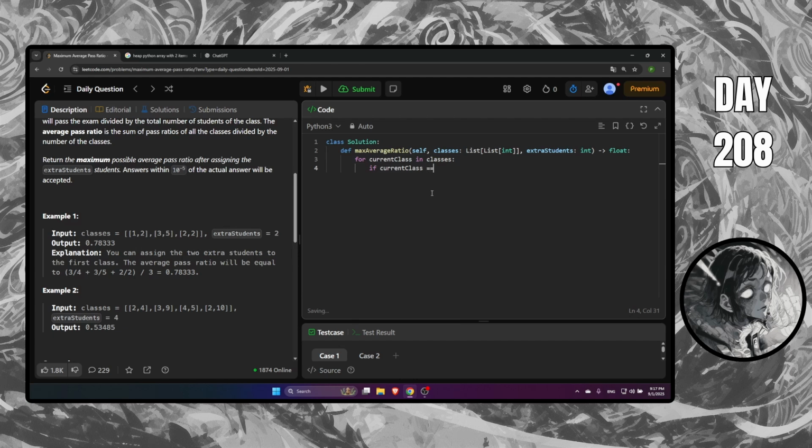the first condition, if current class 0 equals current class 1 actually.